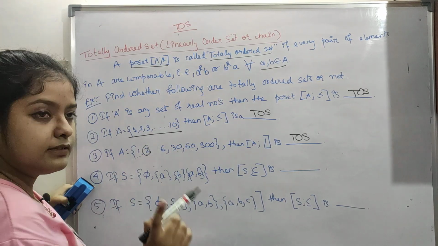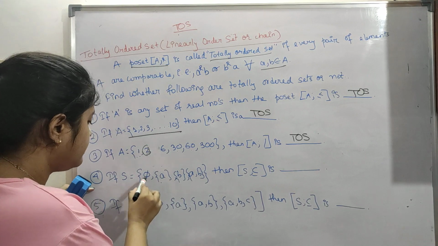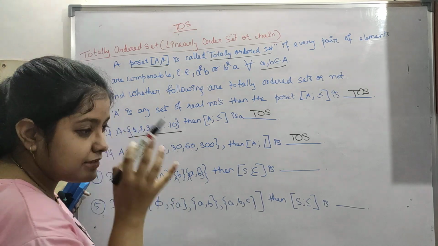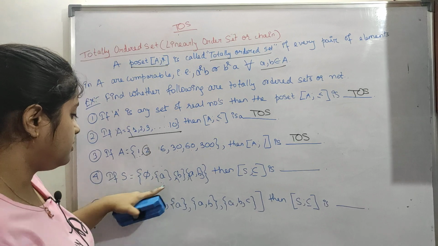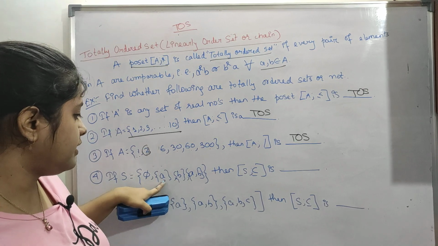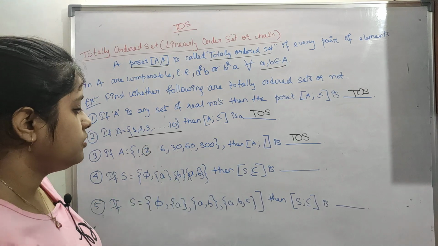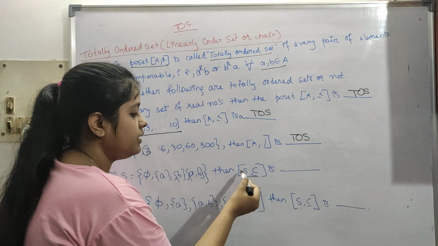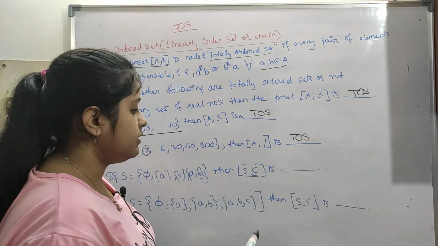If S is a set containing the null set, then the singleton sets A and B, and then AB, we have to see whether S is closed under subset.